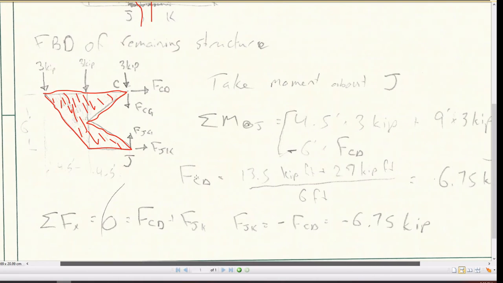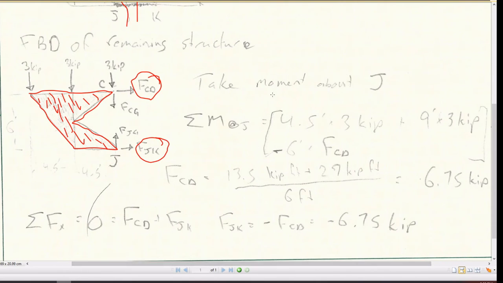The ones that we're worried about are CD and JK. So what I'm going to do is take a moment about point J, about this point here.